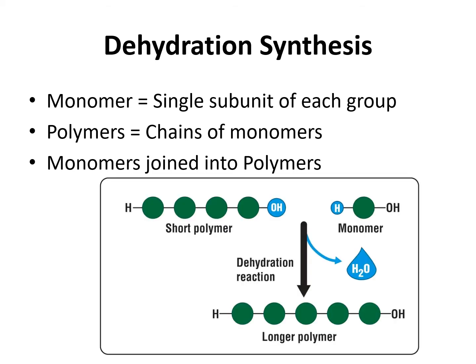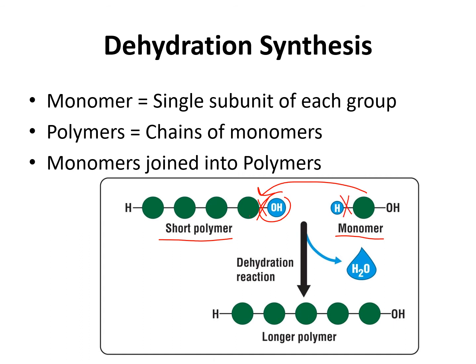And this is an example of a dehydration synthesis reaction. Here you have a short polymer, and you are going to add this monomer, a similar subunit, to that larger structure. In order to do this, a covalent bond bound to a hydroxyl is broken. This bond will be broken here. And a bond on the monomer to a hydrogen will be broken here.